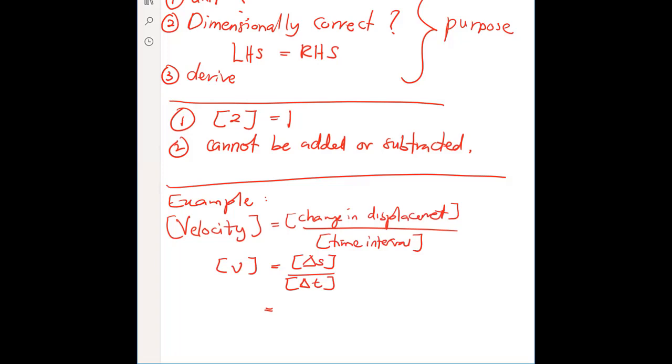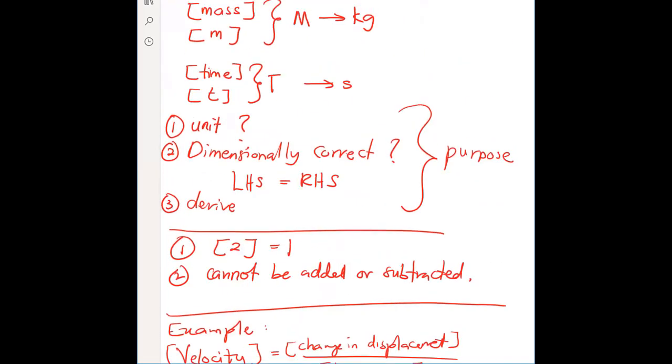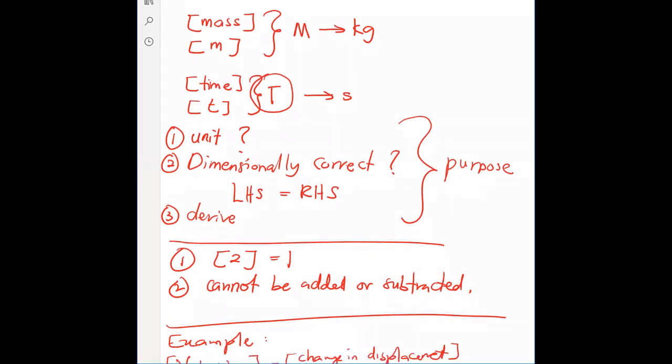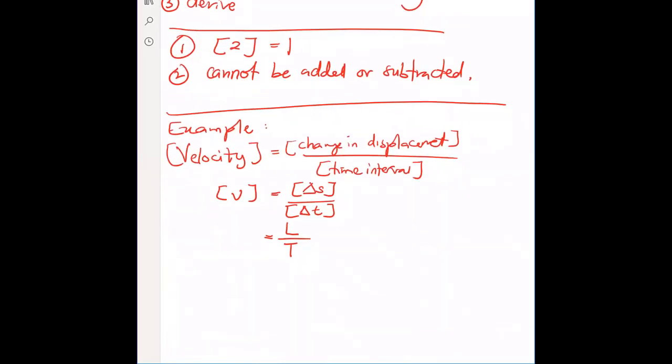So dimension of s, what we're gonna have is L. Symbol dimension for s is L for displacement. So kita ada L divided by capital T, seperti yang saya tunjuk tadi lah. Dimension of time is capital T. So what we have now is LT^-1.